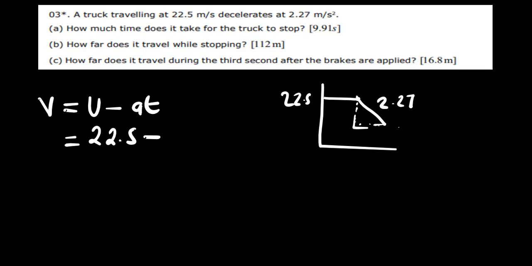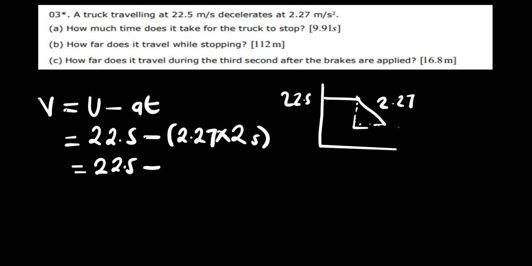In this case, it was decelerating, that's why I put a negative. So it was decelerating at 2.27, multiplied by the time. Let's start with 2 seconds first before we get to the third second. So 22.5 minus, when we solve this, what are you going to get?